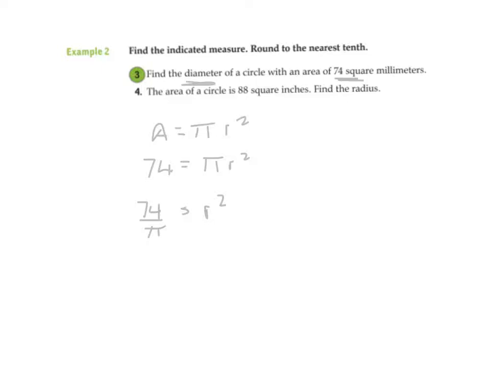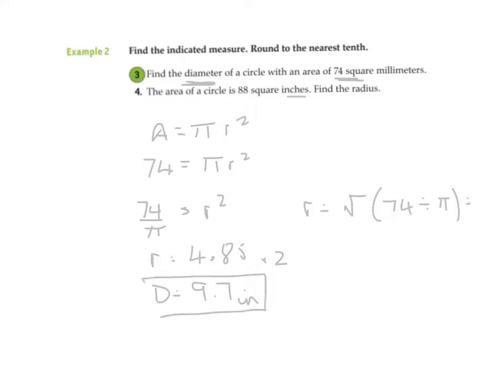And don't forget, at this point we can square root everything: 74 divided by pi, close your parentheses and press equals, and the radius will give you 4.85. Okay, but we want the diameter, so we've got to multiply that by 2. So D equals 2 times 4.85, which is 9.7, and we're back to inches this time, and it's a dimension, so it's just inches. So that's what you need to do.